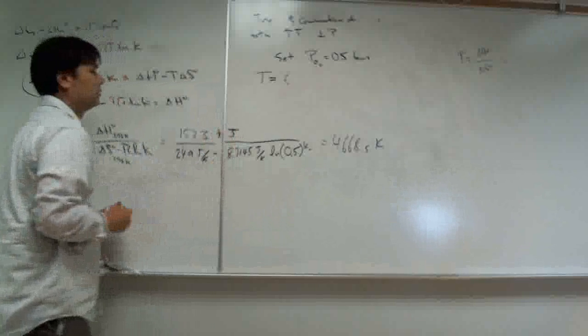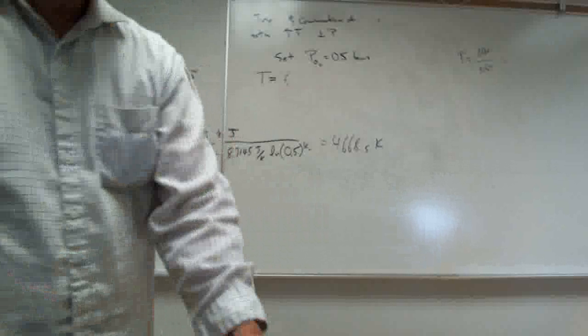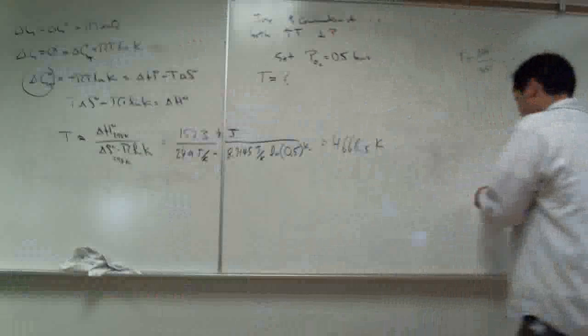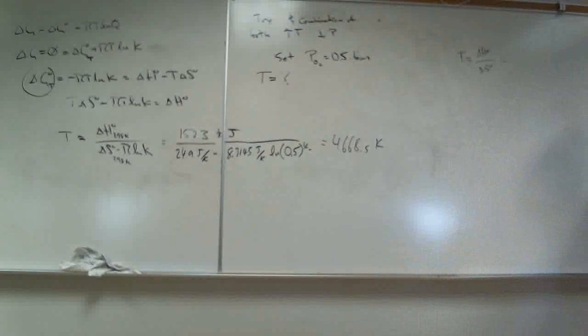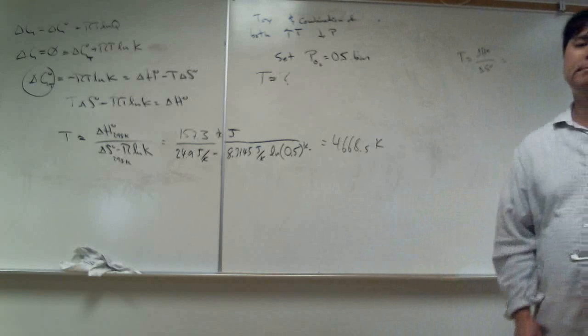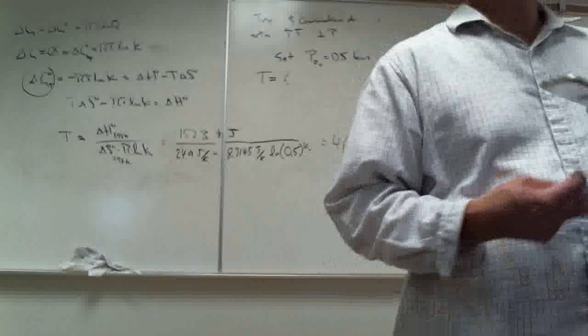Okay. Yeah, sorry about that. Let's check this calculation. 5.66? It's getting worse. 157,300 joules divided by our delta S, which is 24.9. 5,660. Yeah, the first calculation was wrong.